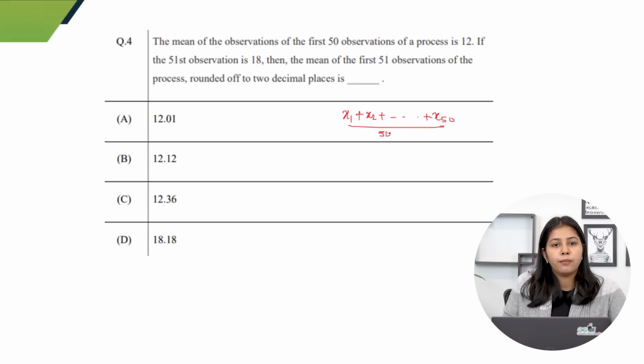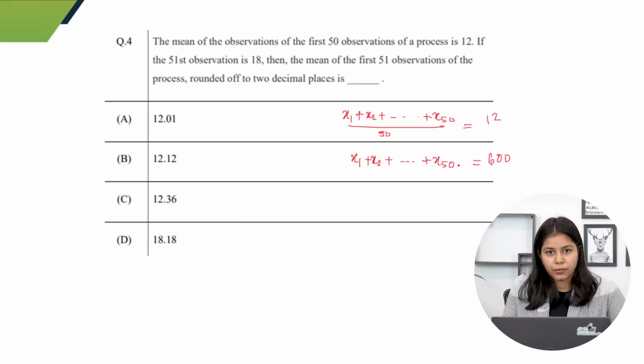That is my mean of 50 numbers, or I can say the average of 50 numbers, and that is given to me as 12. So I can take this 50 to the right hand side. This would become 12 into 50, that would give me 600, right? And on the left hand side we are left with x1 plus x2 plus up to x50. So I get here the sum of 50 numbers.